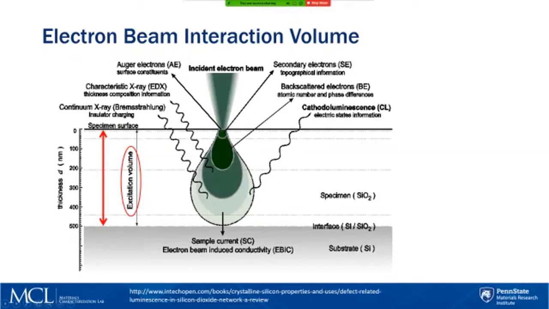But it's also going to generate a whole bunch of other things like photoluminescence and Auger electrons from the surface. But what we are really interested in today is the characteristic X-rays that come off. And this is where it goes to the EDS detector to tell you what your sample composition is.